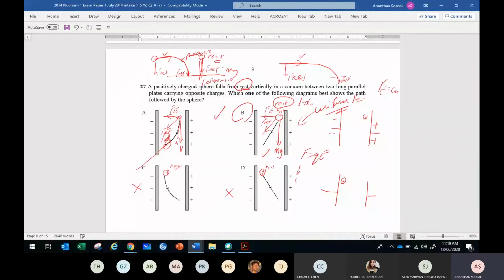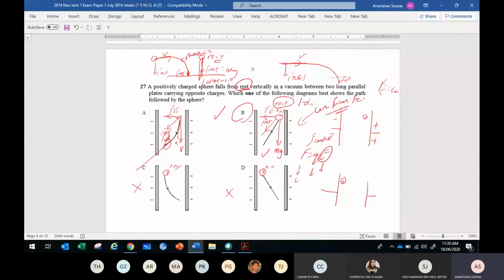The F will be constant as long as the charge and the electric field are constant. Because parallel plates produce a constant electric field, therefore the force due to the electric field will be constant. So it's not affected by acceleration, right? No. Is force affected by acceleration, or acceleration affected by force? Oh, okay. Good. Thank you, sir.